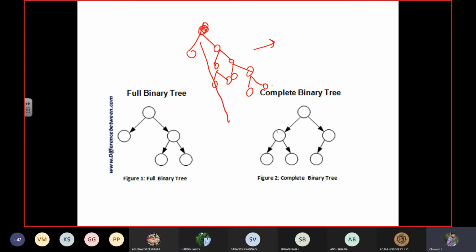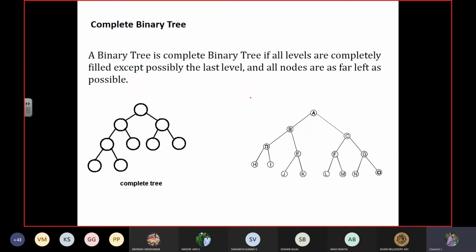Yes, sir. This should be checked in each level. In one level it may be arranged properly, but in a third level it may be arranged on the right hand side. Will it be allowed to be called a complete binary tree then? No. It should be checked up to the last level, including the levels before the last level, to see whether all nodes are arranged as far left as possible.